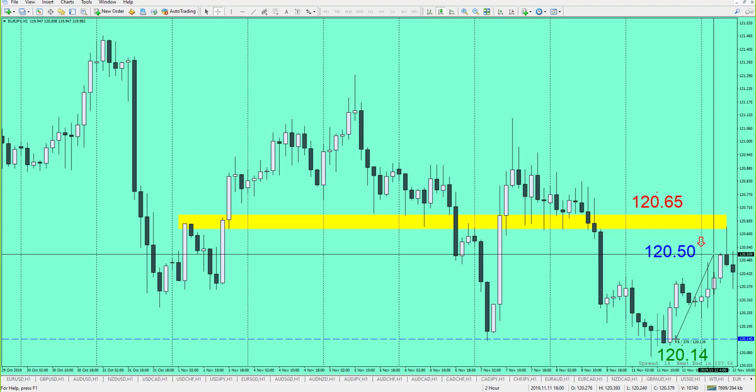Where is it? 14 is 37. So it's a 2.5 R on the trade, right? So I was trying to get as much as I could and get as close to 3 as I could. And it was about 2.5 R for a 120.14 target. All right, and 120.14 is basically where I have the floor over here. We had a touch here and a touch there.